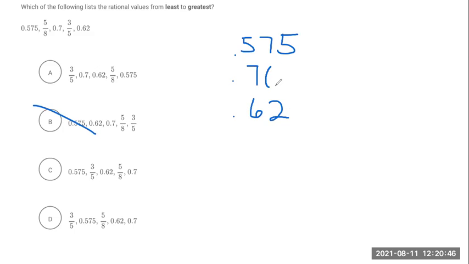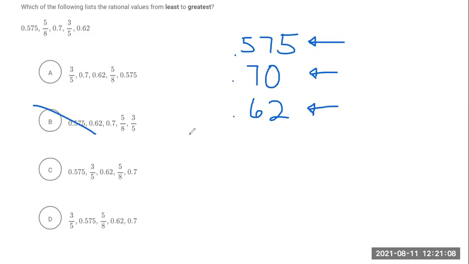So we're going to slap a 0 on here, because zeros are free. You can throw a 0 at the end of anything and it doesn't do anything to it. So this is 57.5 cents. That's 57 cents and a little bit of leftover. So that's 57. This is 70 cents and this is 62 cents.